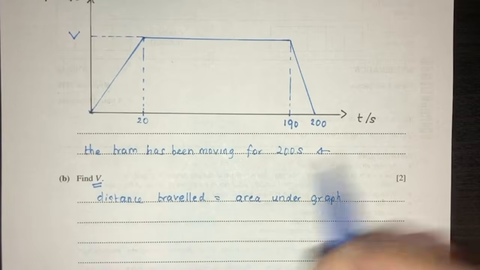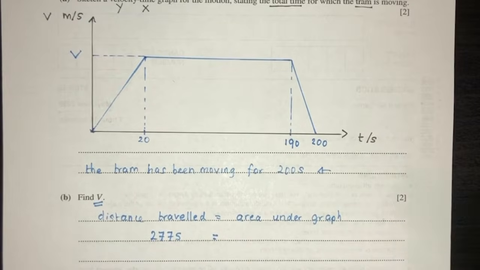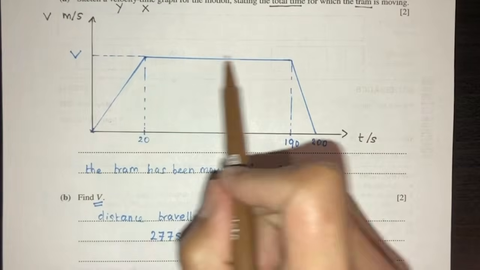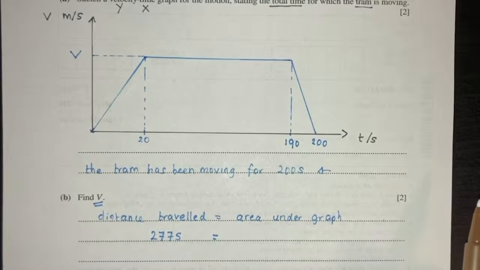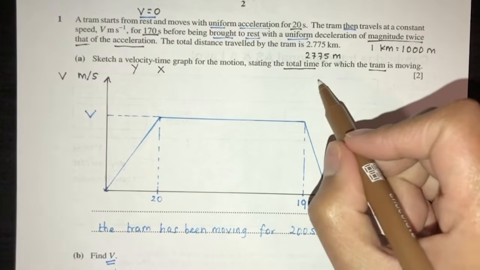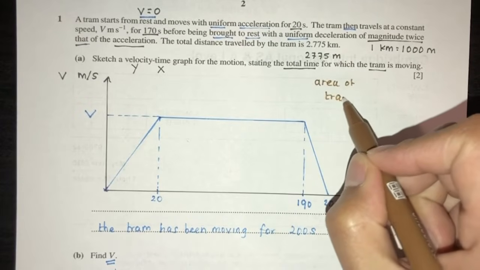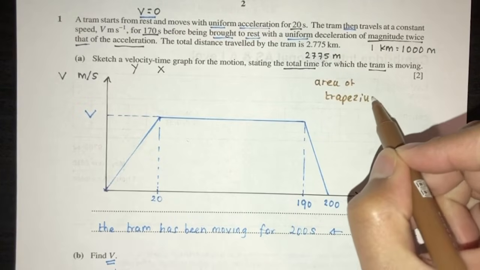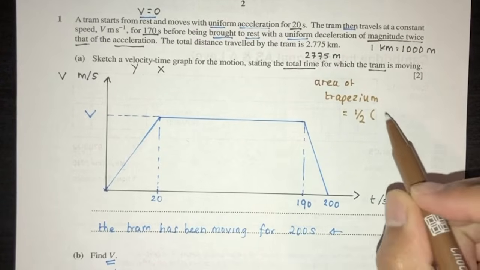This, you know already, is given to you as 2775. Now you have to observe what the area under the graph is. It is the area of a trapezium, because these two sides are parallel and the distance in between has been given to you as well. So how do you find the area of a trapezium? It is equal to half times the sum of the parallel sides.